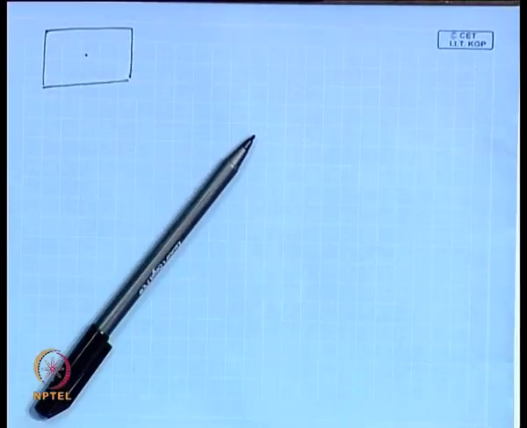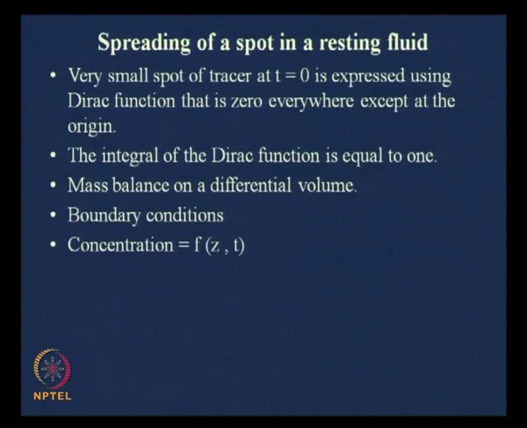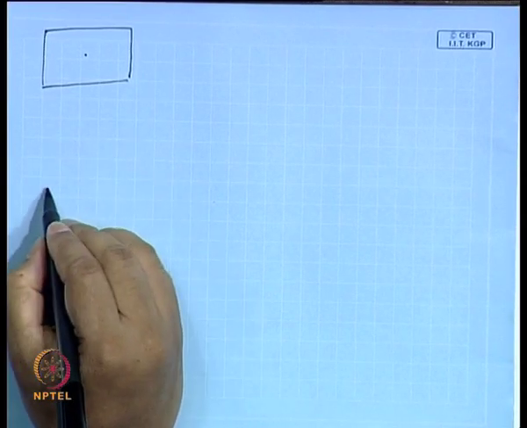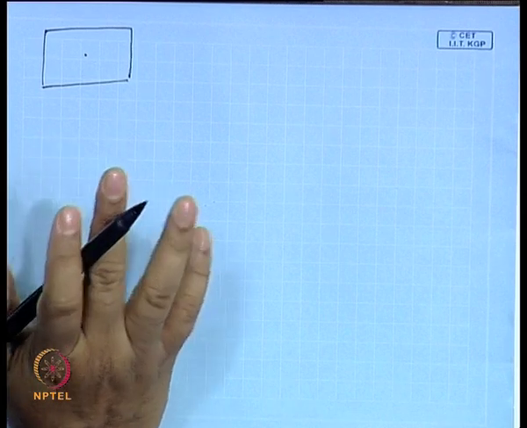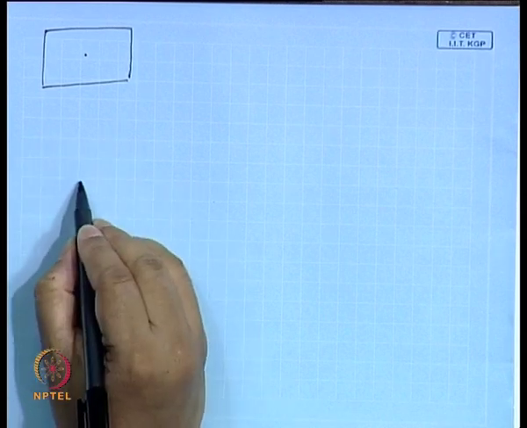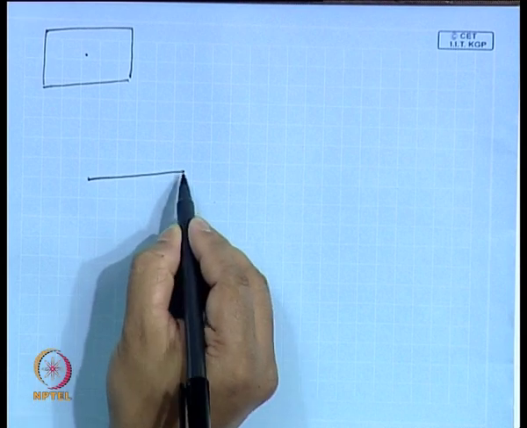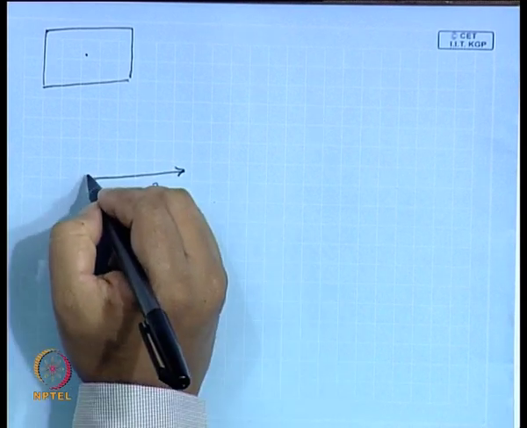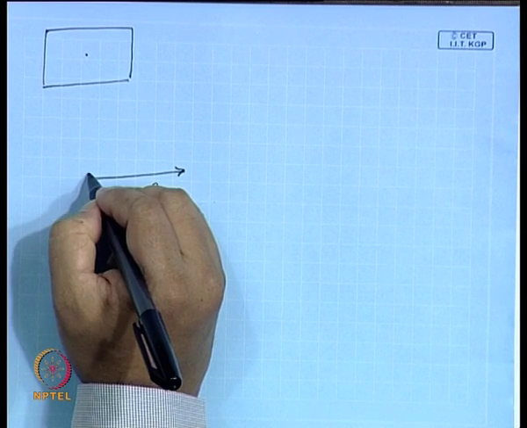So, a very small spot of tracer at t equal to 0 is expressed. How will you express a very small spot of tracer? Let us see intuitively what we see. Suppose we are treating this as a one dimensional problem. Suppose this is Z, and this is the concentration.